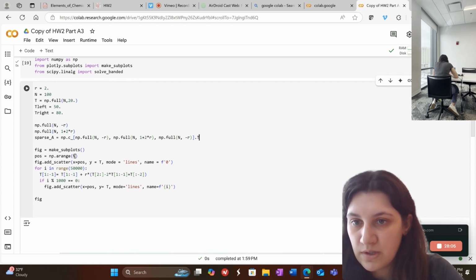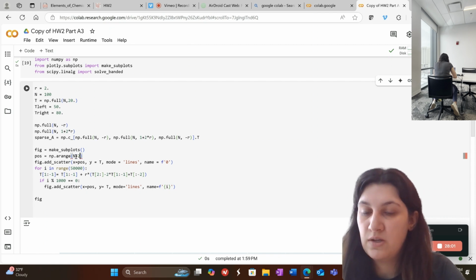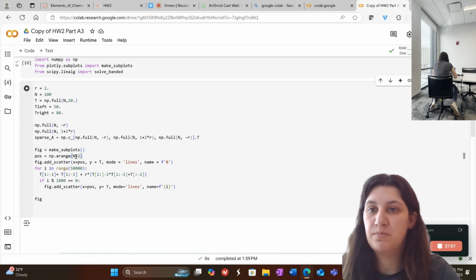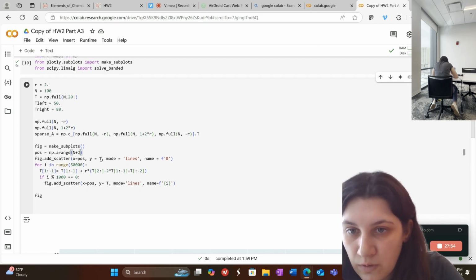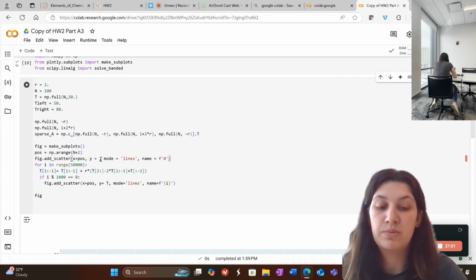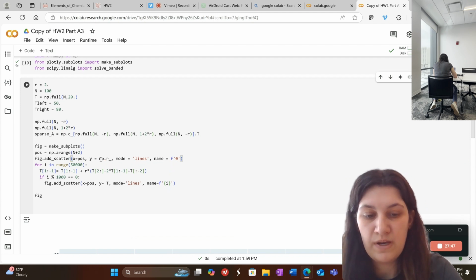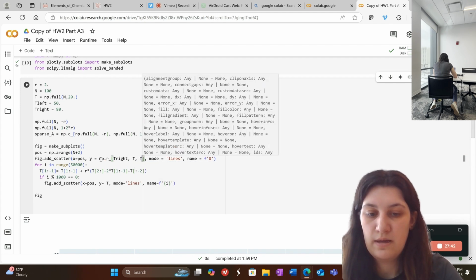Now down here we just have a couple minor edits. We're going to do plus 2s because we have the 100 slices plus T left and T right. For our y, when we plot, we're going to have np.row. We have our T right, T, and T left.